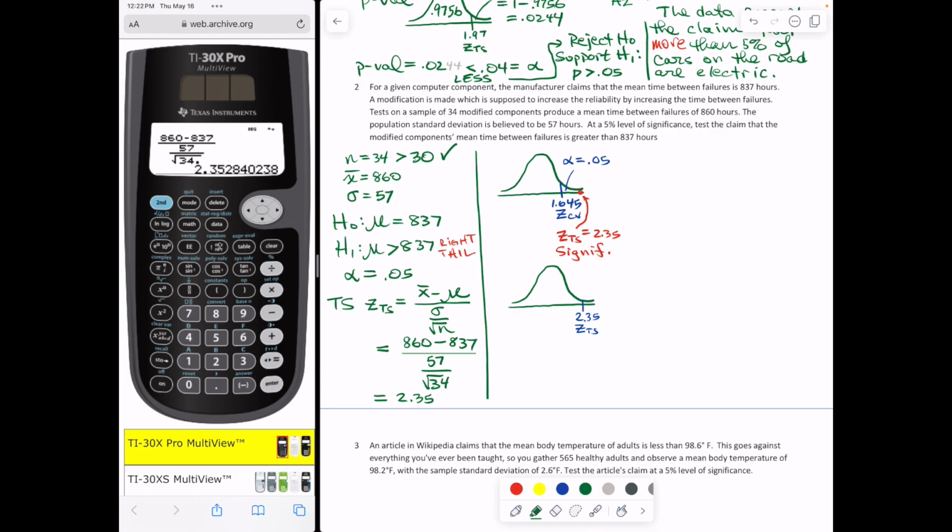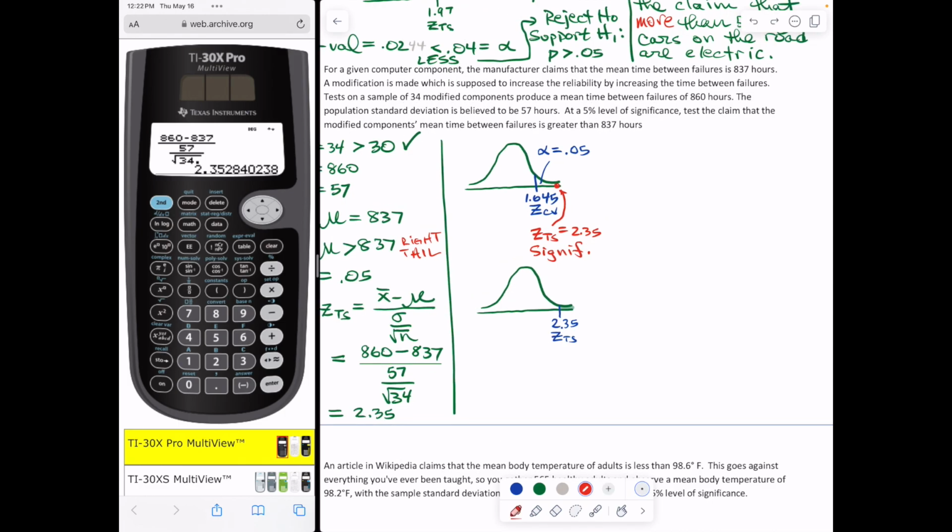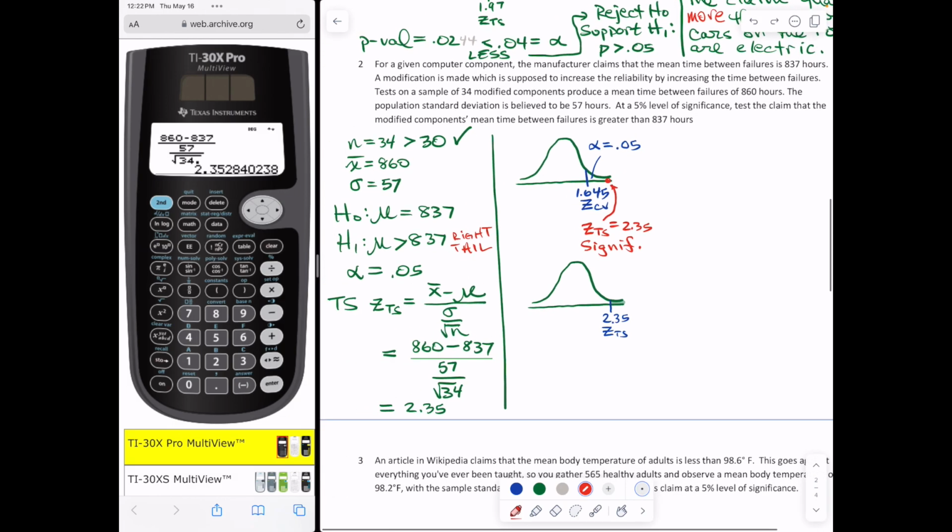Okay, the area of the tail here is the p-value now. That's a right tail, so we're going to have to do a complement on this. So we'll do 1 minus whatever we look up. What we get when we look up the 2.35 z-score. This is a z-score. All the z-scores are on table A1.